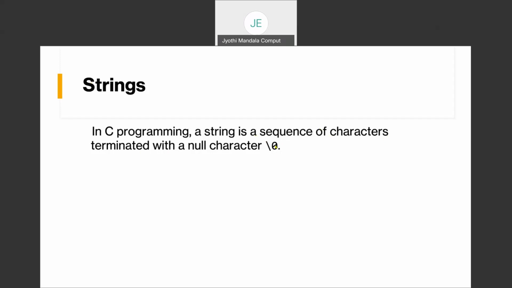It is not our responsibility to add \0. It will be added by default by the compiler itself. So whatever characters you want to store in your array can be stored, and in the end, \0 will be added by the compiler itself. Now \0 indicates it is the end of that string, so it is called a terminating character of your string.